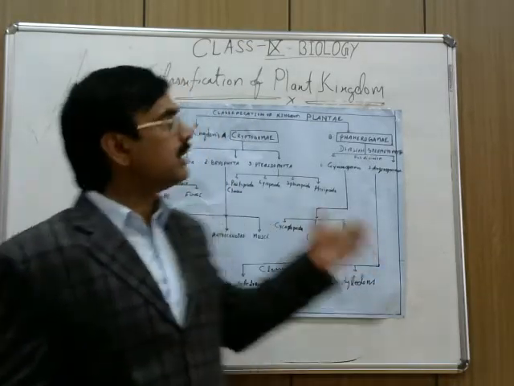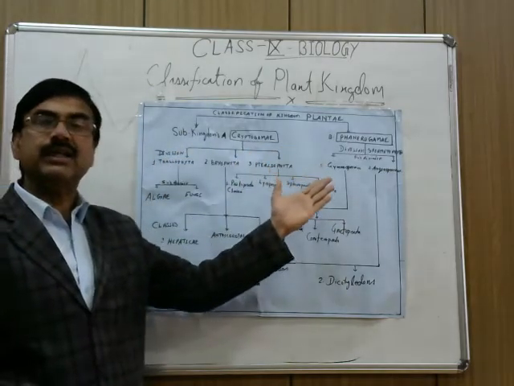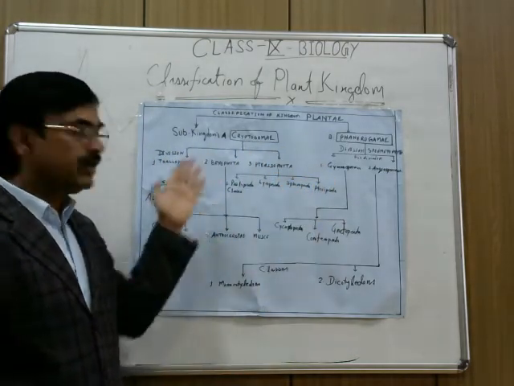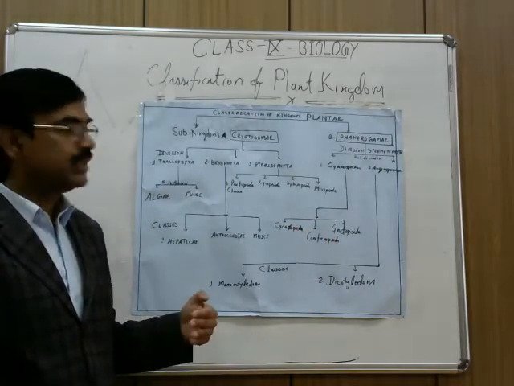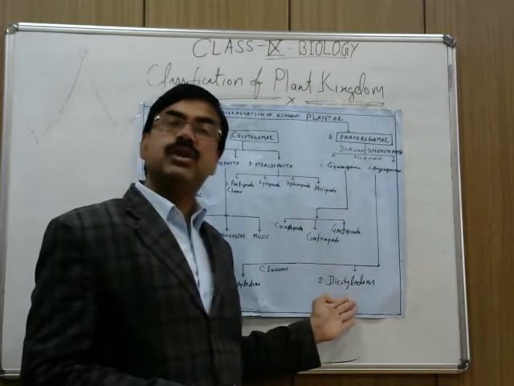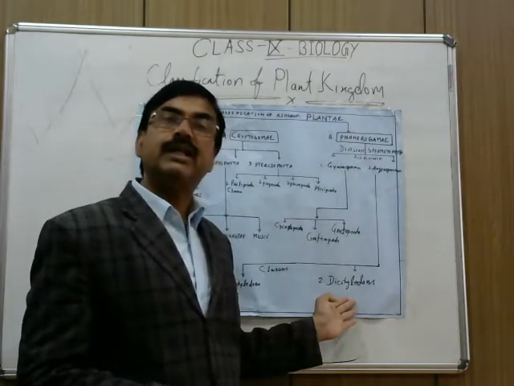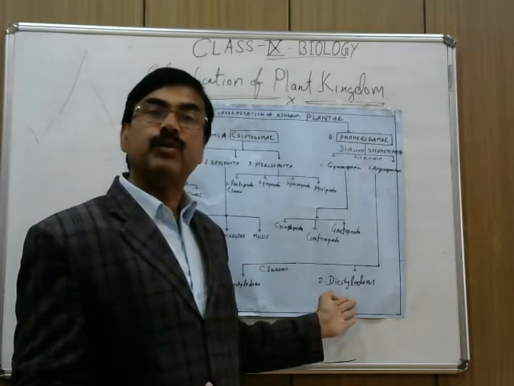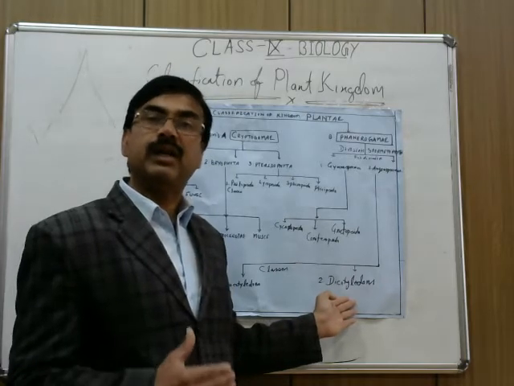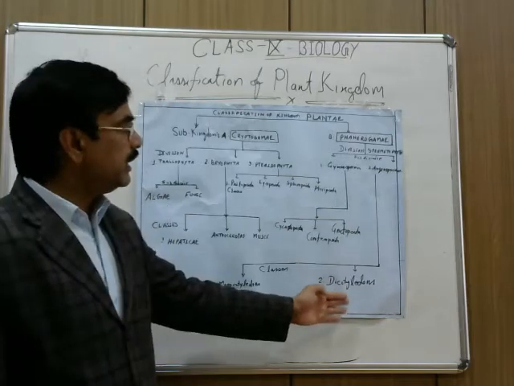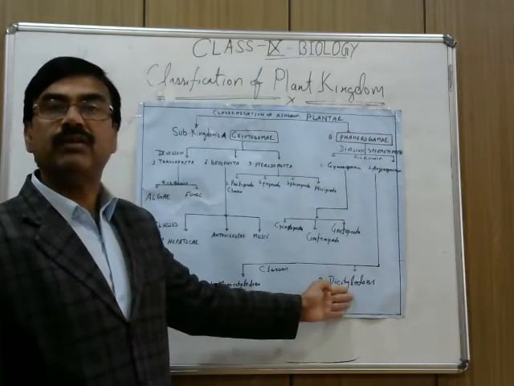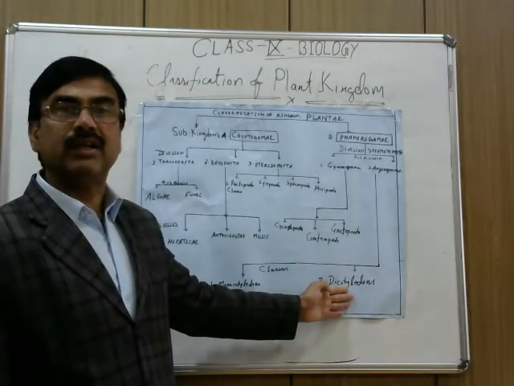It is only the classification for now, but I will give you details of the characteristics of these members with examples. Like in the dicotyledons, two cotyledons are present, and there are different types of roots, different types of leaf venation, and different types of stem, and the floral diagrams are different.